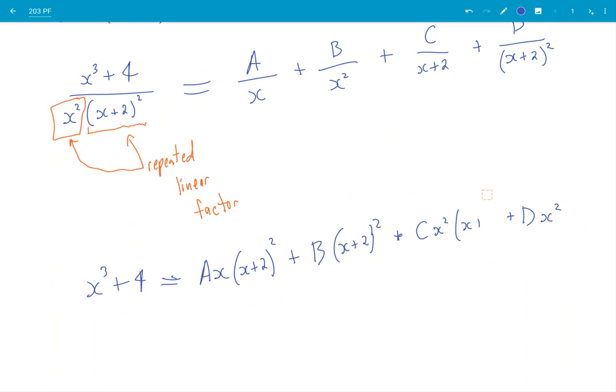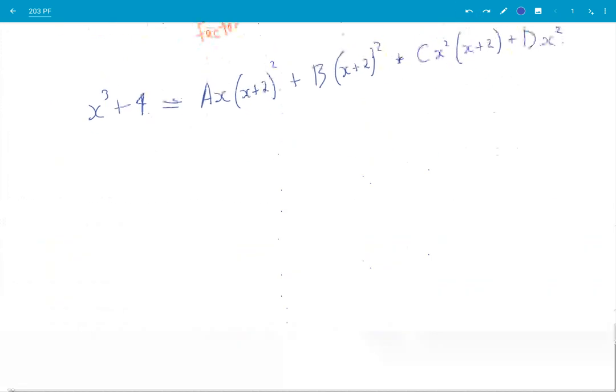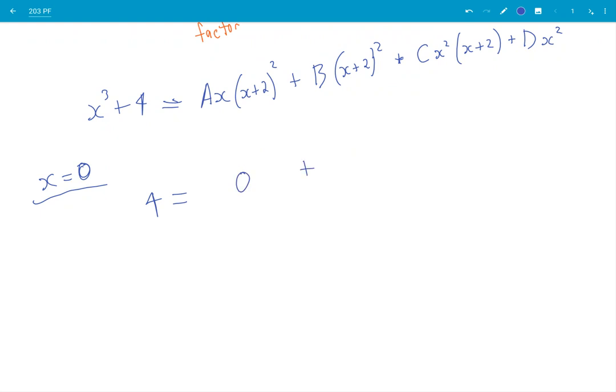Okay, now same as before, I make clever choices for x. X equals 0 is going to help me. I'm going to get 4, 0 plus 4b. Oh, that's it.